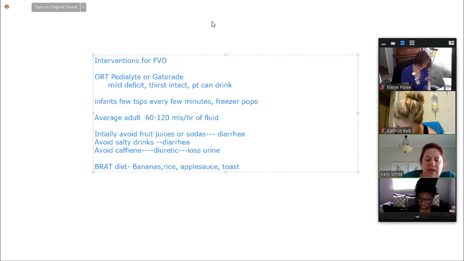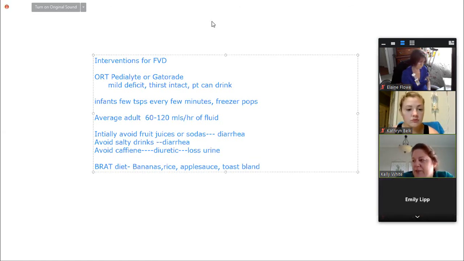Okay, these are all very bland foods, and they have been proven to shorten the duration of any kind of gastroenteritis or GI bugs. So if they can tolerate and keep things down, we're going to offer them that BRAT diet.